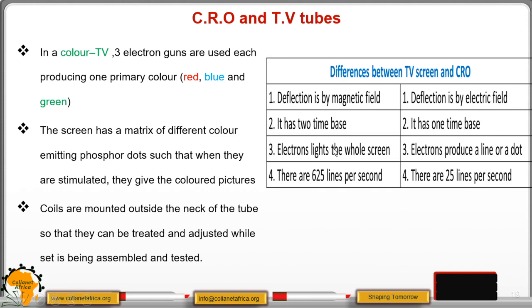Then in TV, we have electrons that light the whole screen, but in CRO, they produce a spot. Where they are falling, they produce a spot or a dot or a line. In TV, we have 625 lines per second, but in CRO, we have only 25 lines per second.